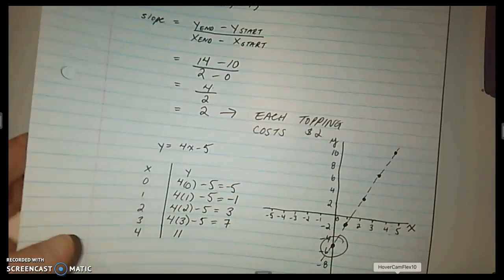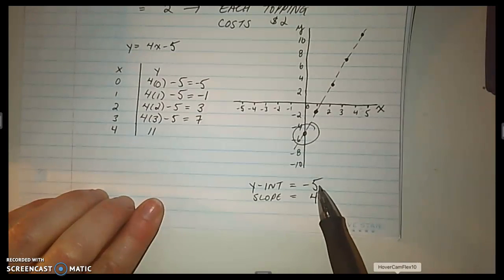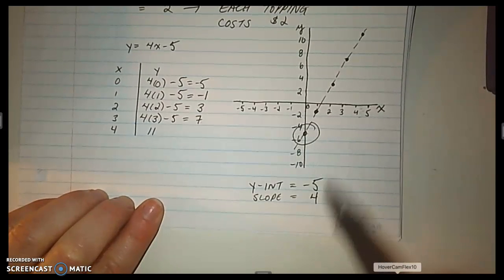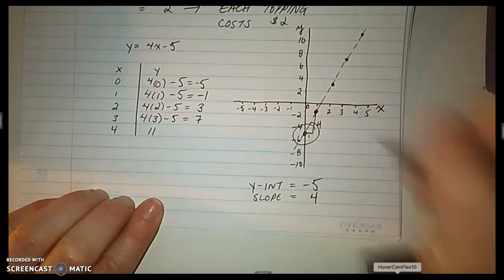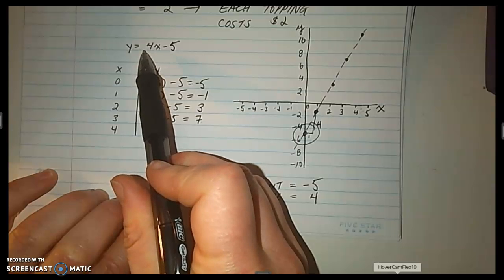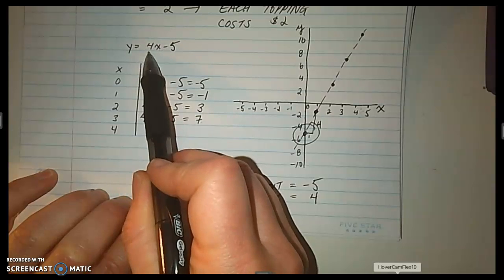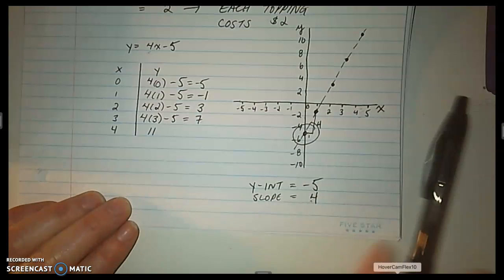Oh, you can't see what I just wrote. There we go. Y-intercept, negative 5, right there. Slope, if I go over 1, I go up 4. So that gives me the slope. I could also look right here. Okay, in the equation, the number in front of x is also one way of finding the slope. So 4 there, 4 there.